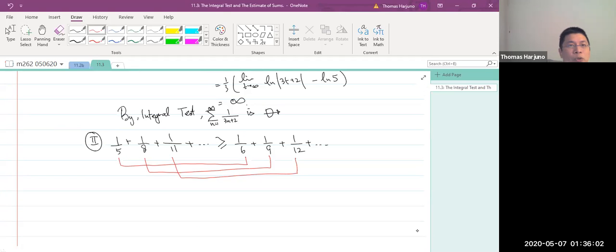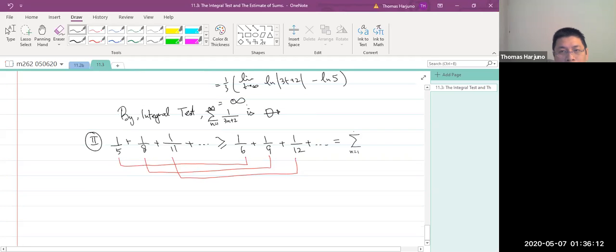The series on the right-hand side is the summation from n equals 1 to infinity of 1 over 3n plus 3.